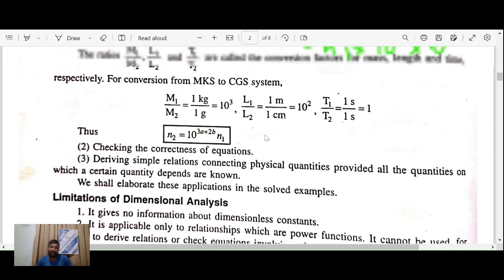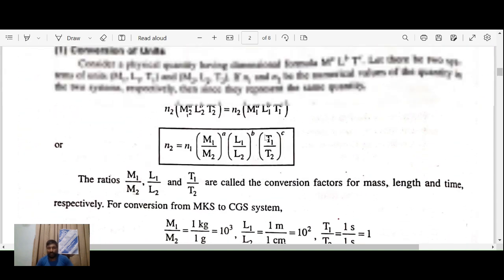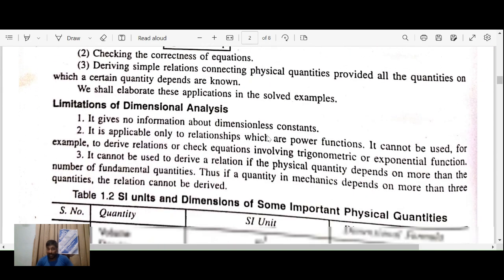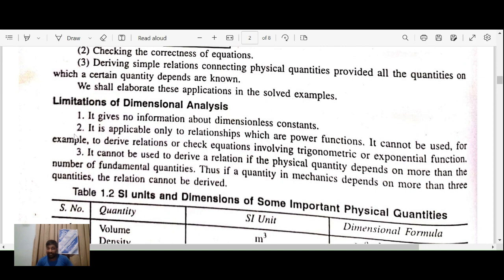Now, after learning the applications of dimensional analysis, the last part is the limitations of dimensional analysis. There are some failures, disadvantages. Let's discuss one by one. It gives no information about the dimensional constants. Some constants are used over there, but dimensional analysis can't give a proper idea about them.